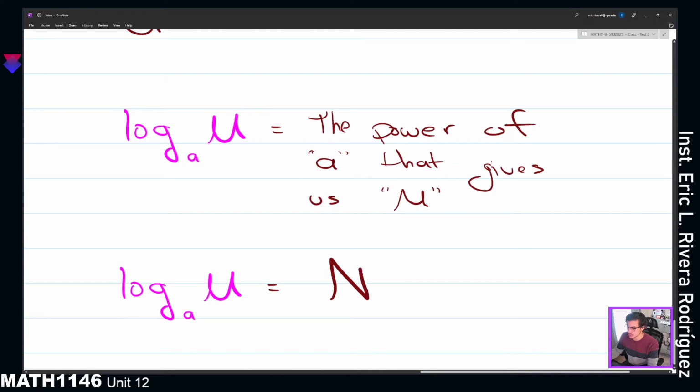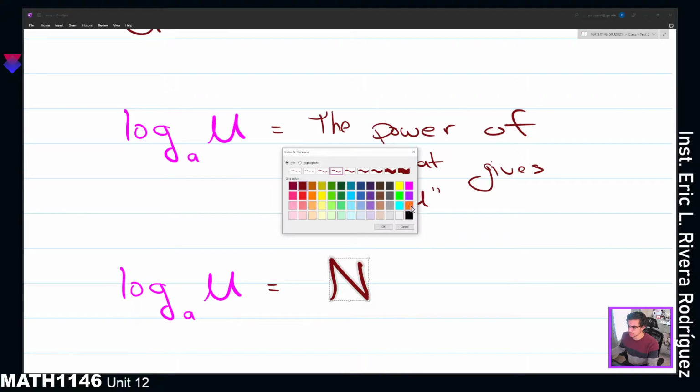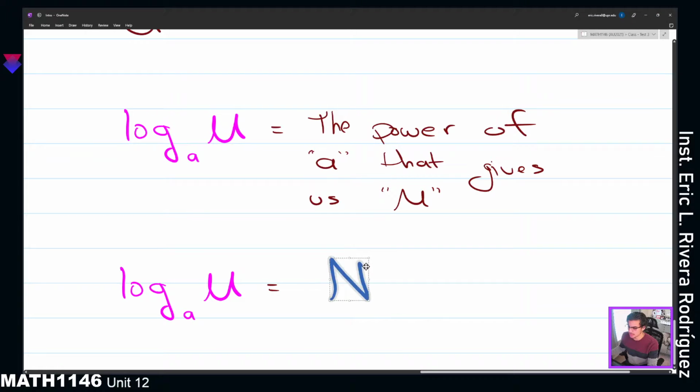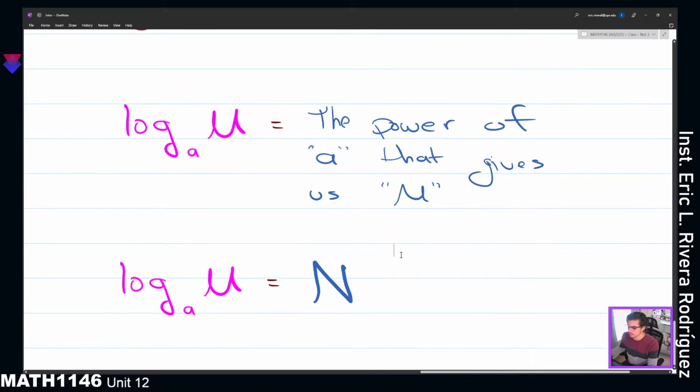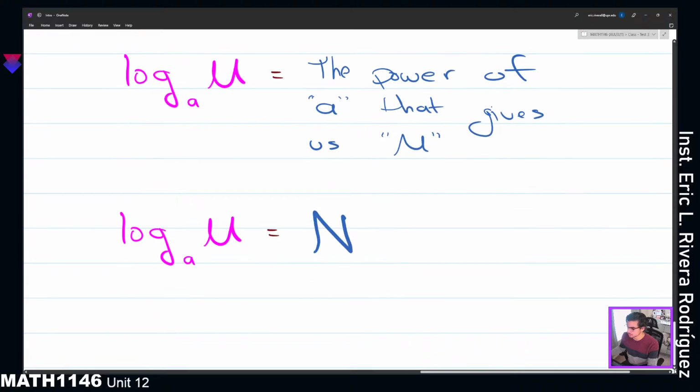So I'm going to use n to represent the power of a that gives m. Okay, n is the power of a that gives m.